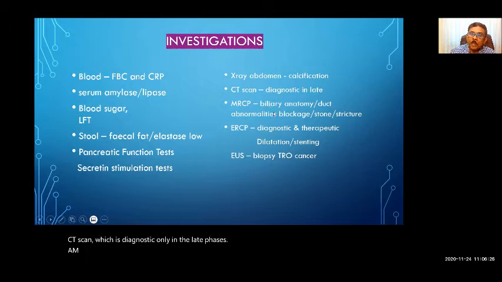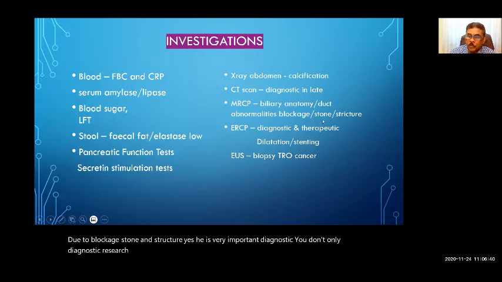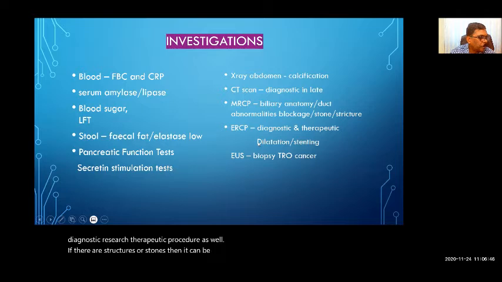MRCP may give you the biliary anatomy and duct abnormalities due to blockage, stone, and stricture. ERCP is very important diagnostically. Not only diagnostic, it is a therapeutic procedure as well. If there are strictures or stones, then stones can be removed and the ducts can be dilated and stented.